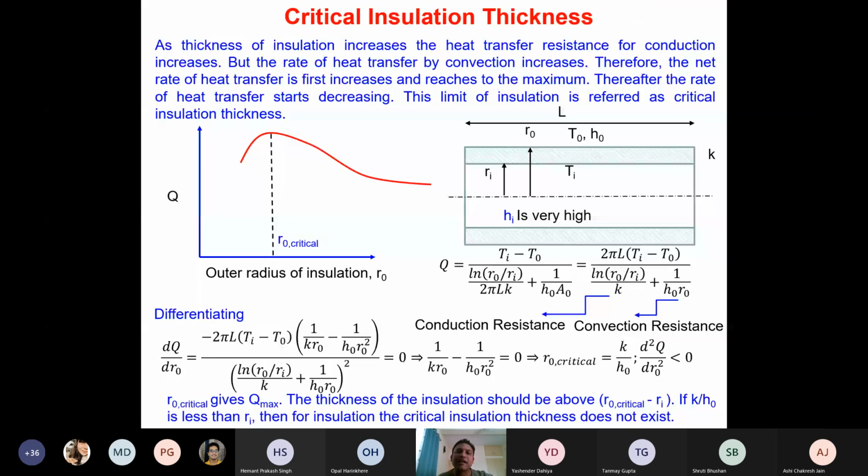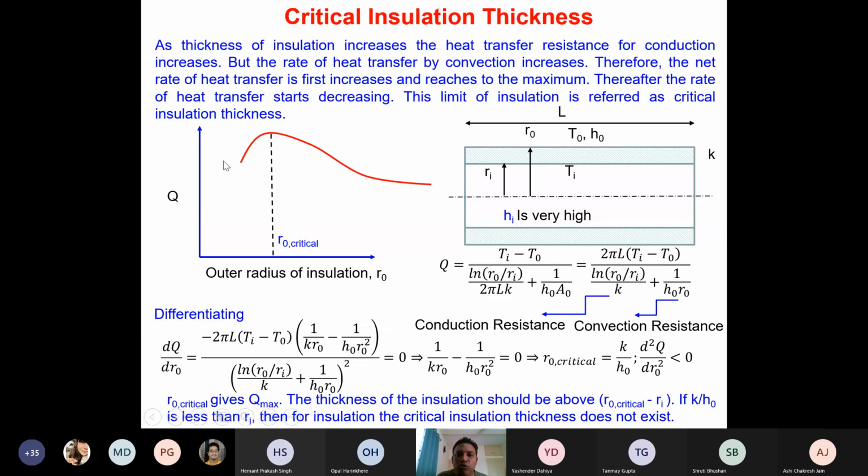After that, we have looked at the concept of critical insulation thickness. Here we have argued that as we increase the insulation thickness, the rate of heat transfer initially increases and then decreases, because as the heat transfer area increases, the rate of heat transfer by convection increases, isn't it?